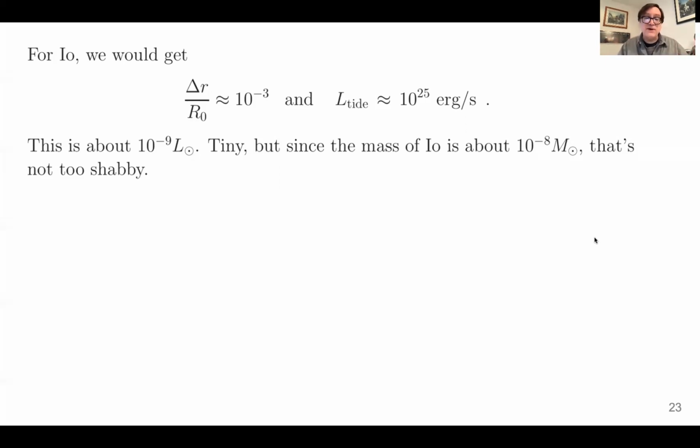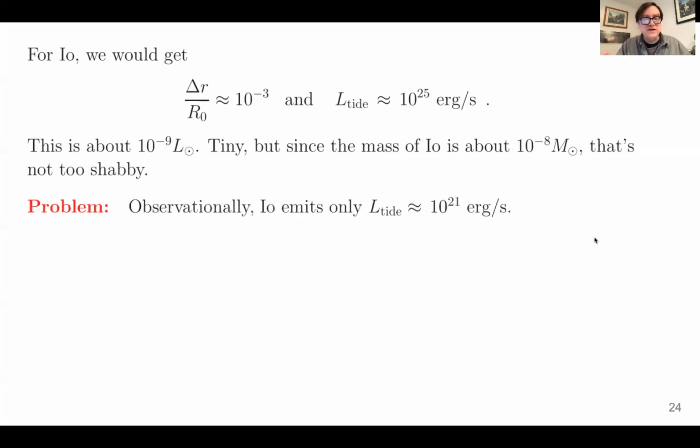It's still small compared to the luminosity, which is also a power unit, which is why I used L, of the sun. But again, Io is 10 to the minus 8 times the mass of the sun, so it's still kind of comparable. It's almost like a small star generating energy due to this input of energy from the tidal forces.